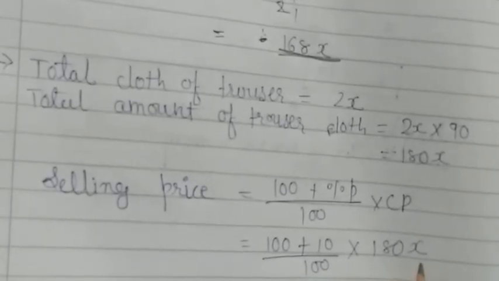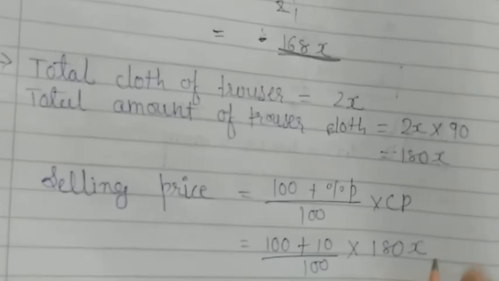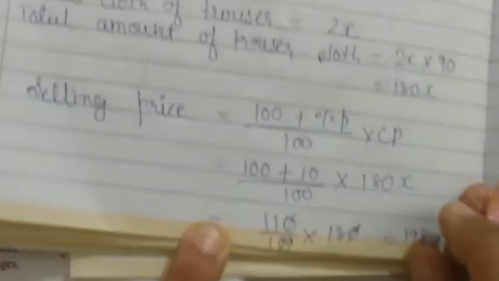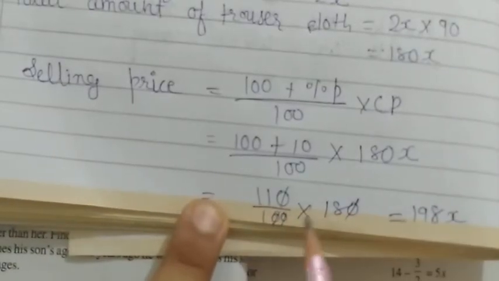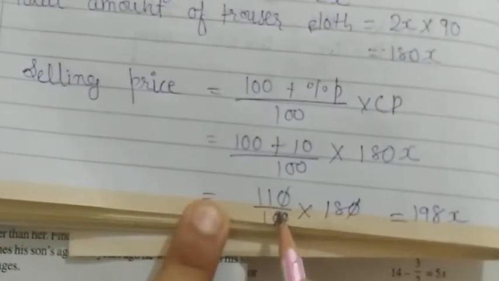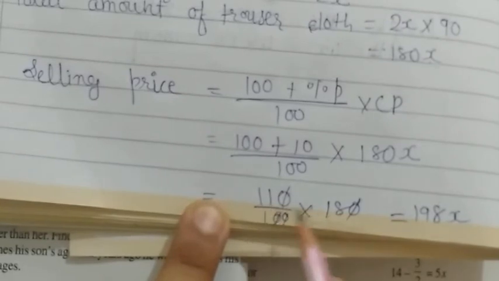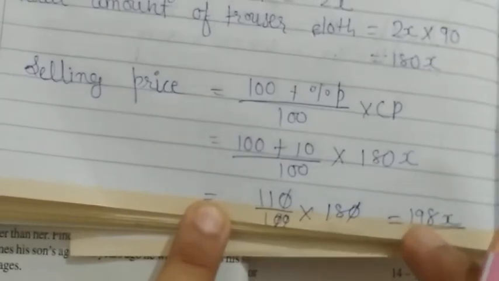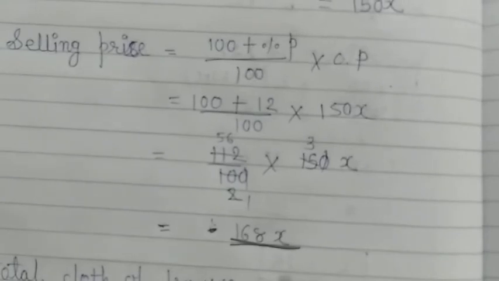Hassan is taking a profit of 10%. So 100 plus 10, 110 divided by 100 multiplied by 180. The zeros cut. So 11 18s are 198x. So here we got both. For trouser, selling price total is 198x and selling price for shirt is 168x.